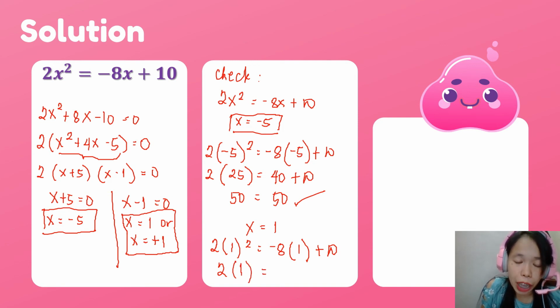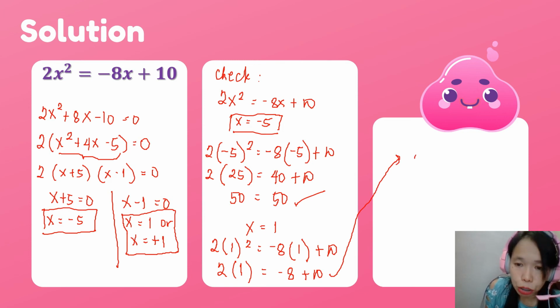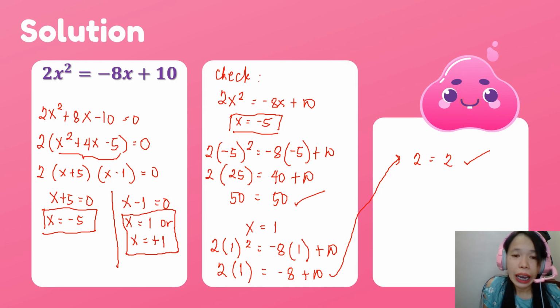Negative 8 times 1 is negative 8 plus 10. So here is the continuation. 2 times 1 is 2 is equal to negative 8 plus 10 is positive 2. So balance siya. Therefore, our answer or the roots of x is equal to 1 is correct.